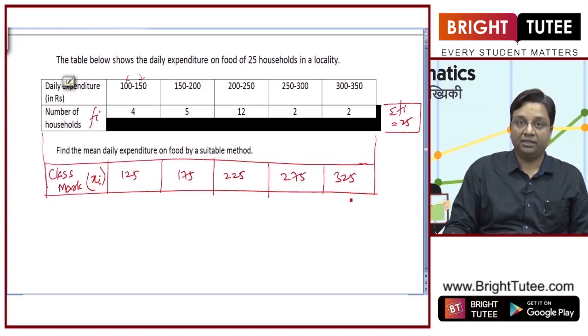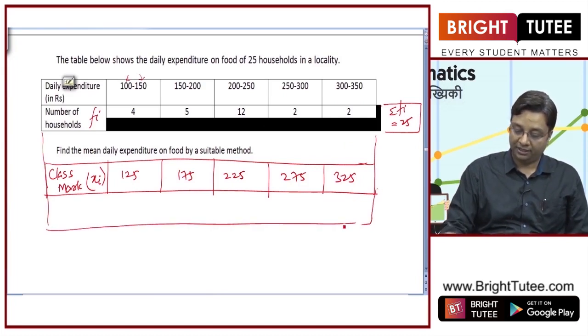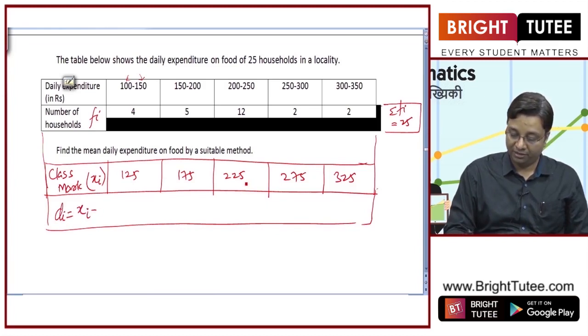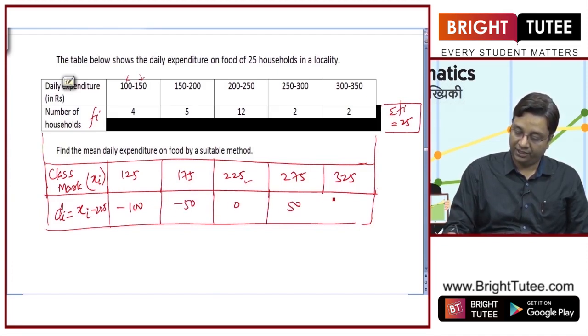These are big numbers, right? So rather than dealing with these numbers, we will, let us say, calculate di by subtracting a suitable number, which in this case may be 225. So let's subtract 225 from each of these. This will become minus 100, minus 50, 0, 50, and this will become 100.